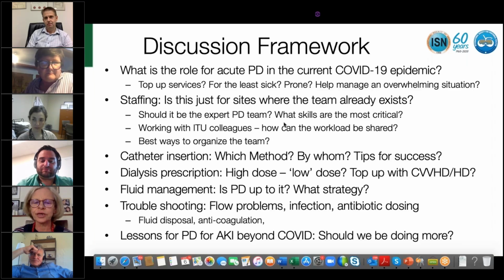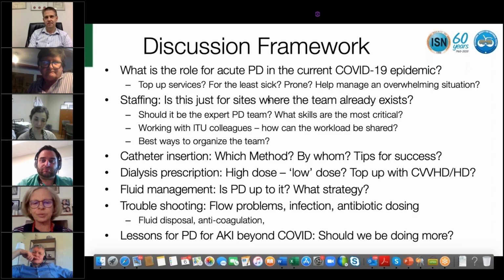Also, the PD unit is phenomenally busy at the moment because PD has suddenly become the chosen modality for new patients, because it has taken COVID to persuade many of my colleagues that dialysis at home has many advantages over dialysis in hospital and then getting COVID.